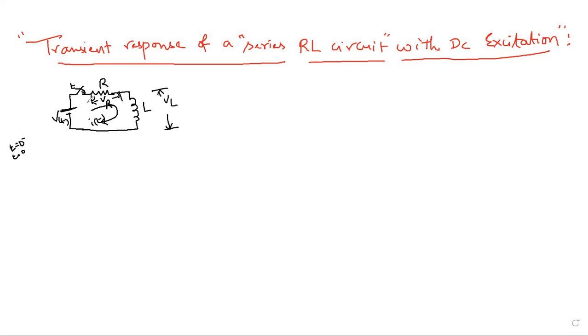Does the inductor allow the sudden change of current? No, sir. Very good. Similarly, after a particular time period, that is t equal to 0 plus. In between these two conditions, how the current and voltage behave, that is your transient period.